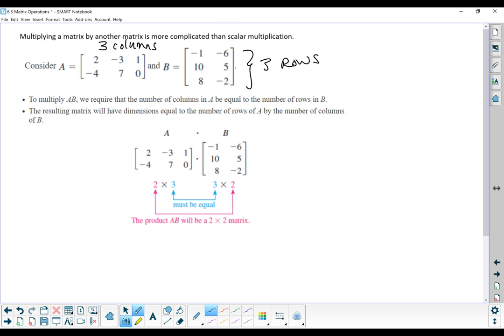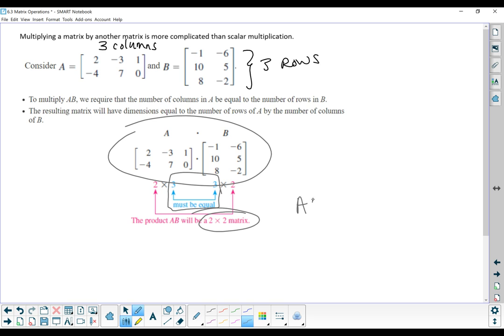The answer is going to be a 2 by 2 matrix. A is 2 by 3, B is 3 by 2. These two numbers in the middle have to be the same, and the outer two numbers tell you how big your answer is going to be. So A times B is going to be a 2 by 2 matrix.